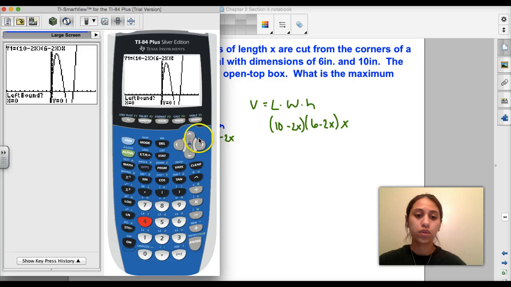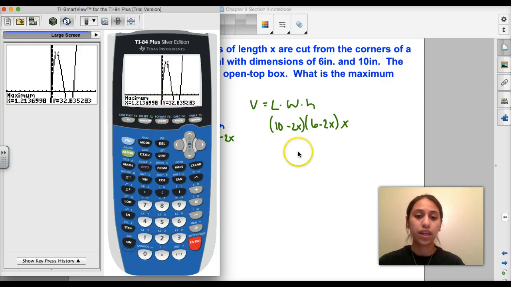Left bound. Okay, so I'm on the left of where the maximum would be. Enter. And right bound. Enter. Guess. Enter. So our maximum, it says, is at x equals 1.21 and the y is at 32.8.